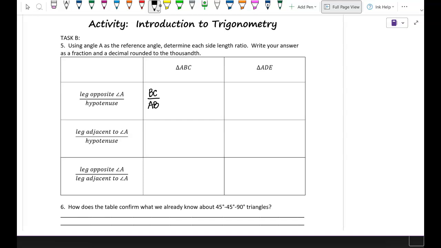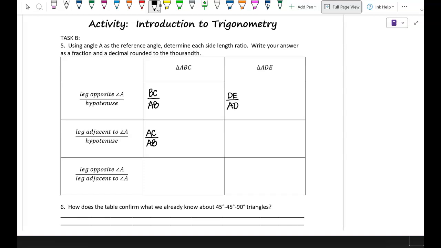For the smaller triangle, the leg opposite became segment DE, and its hypotenuse is AD. We go down to leg adjacent. For the larger triangle, that is AC. The hypotenuse is still AB.